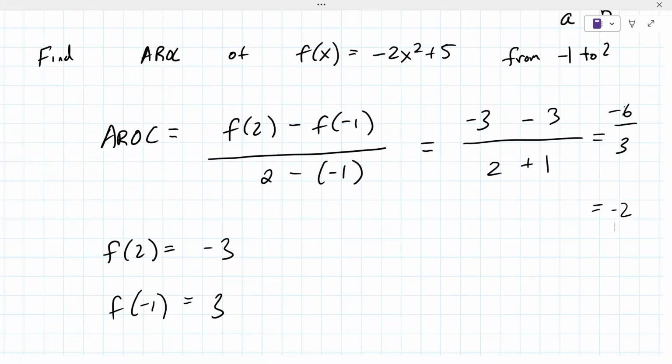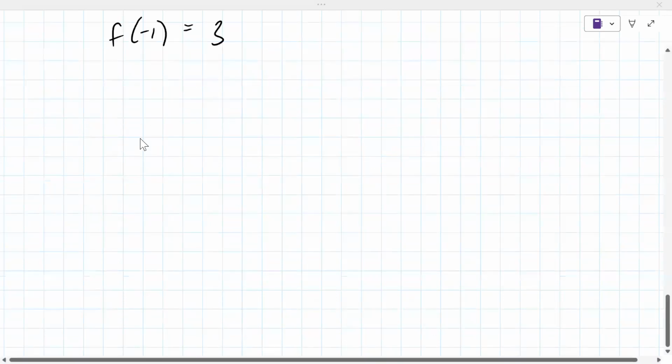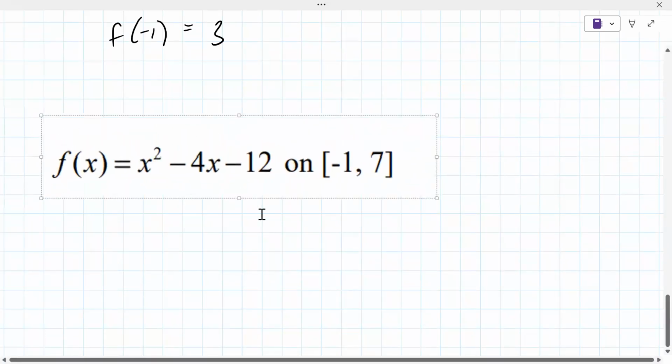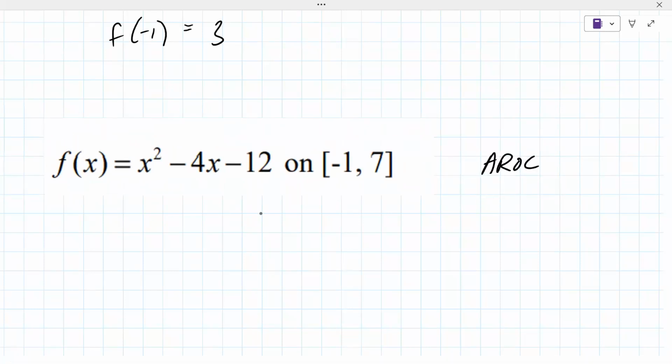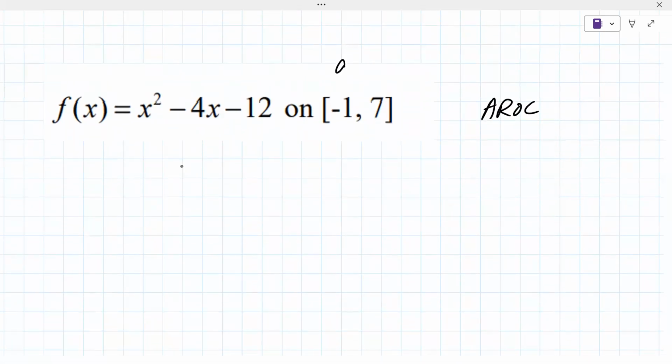Let's do another one here. All right, so I want you to find the average rate of change on this interval. So this is your A, this is your B. I'd like you to do this fully on your own. If you have questions, please ask.